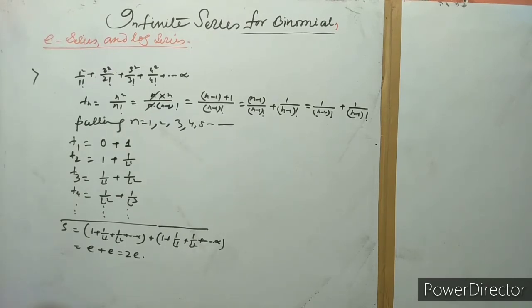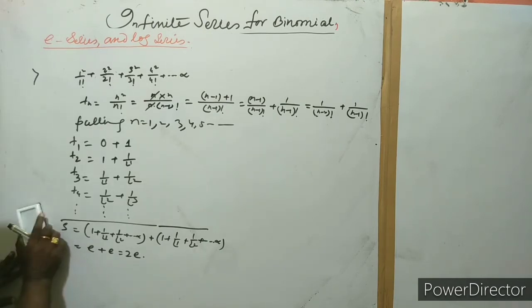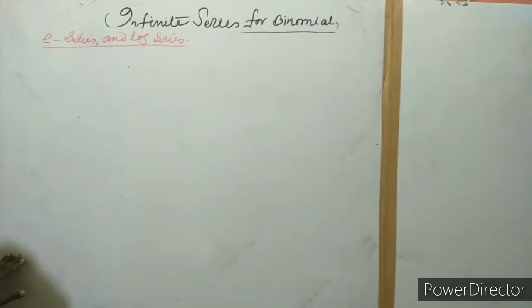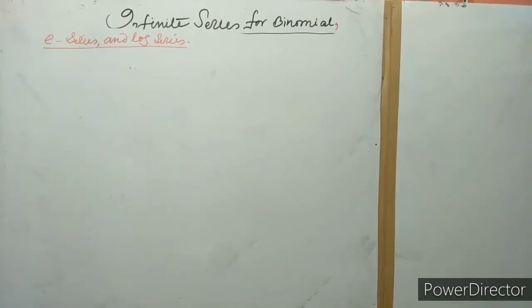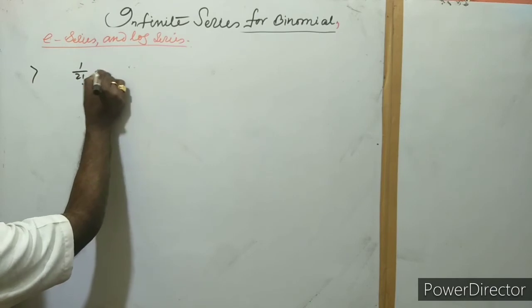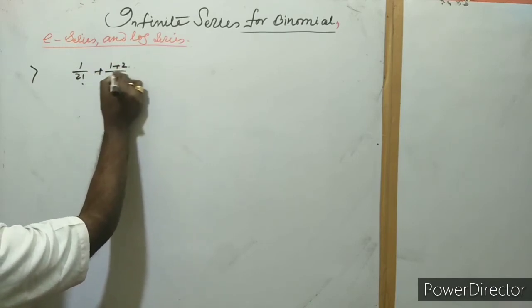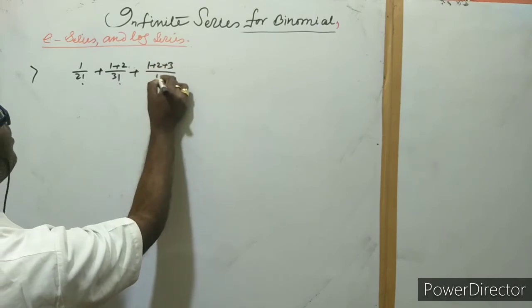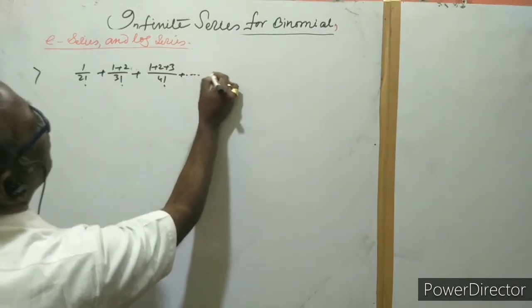And furthermore, 1 by factorial 2. So this is here 1 by factorial 2, 1 plus 2 by factorial 3, 1 plus 2 plus 3 by factorial 4.